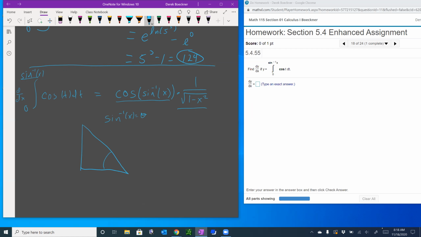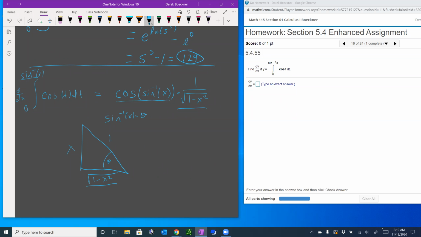Sine inverse is an angle, so we're going to put that down here. That's sine inverse of x. If it's the sine inverse, that means that the opposite over the hypotenuse is x. And then on this side, I get the square root of 1 minus x squared. So the cosine is square root of 1 minus x squared over 1.